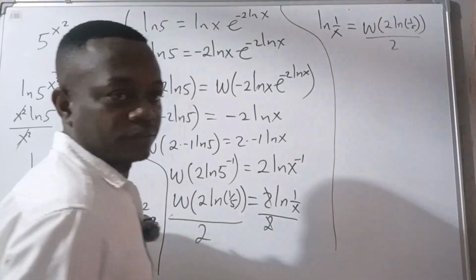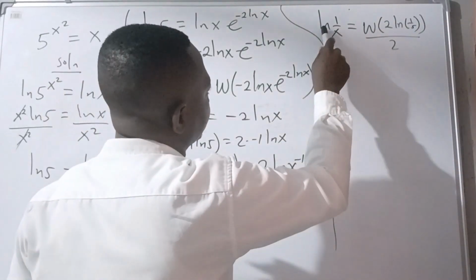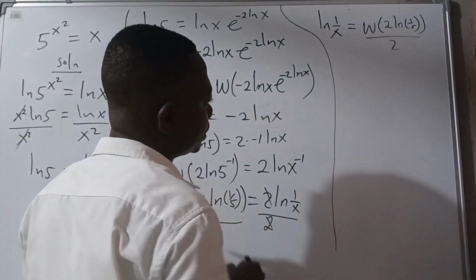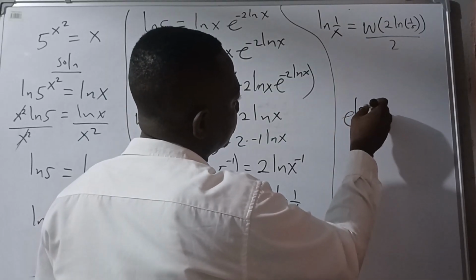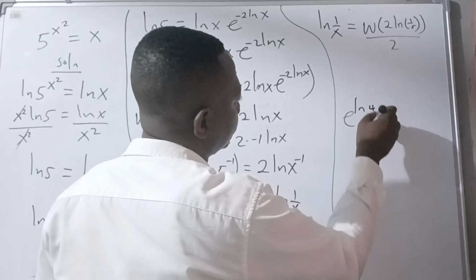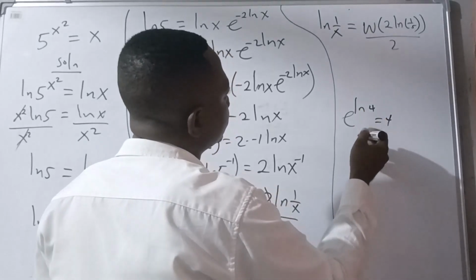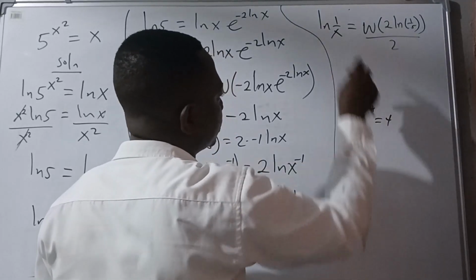Now we have the x, so what do we do? We need to get rid of this ln, and don't forget e raised to ln of something, let's say 4, is 4. So when I raise this, it will vanish.